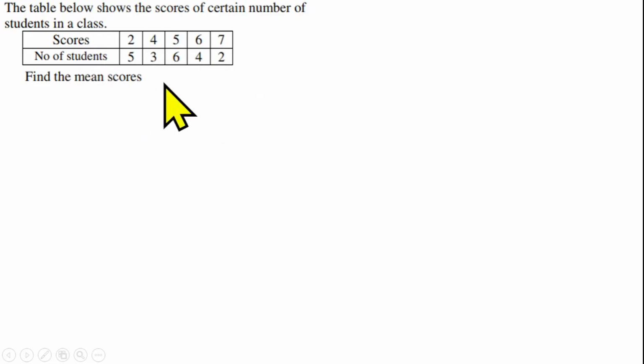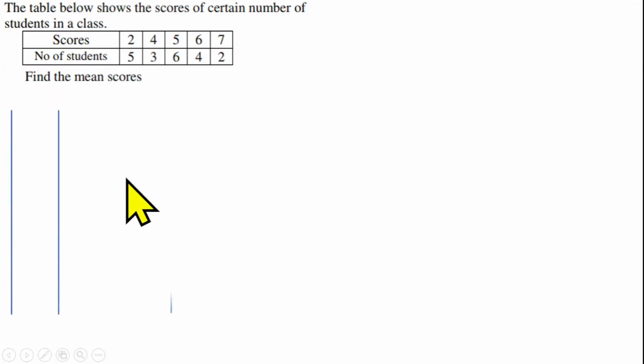Now if you have to find the mean of this data, and this data is grouped data, not scattered data like the ones we have been talking about so far, how do you find the mean? You can rearrange your table vertically. The score will stand for your x, and the number of students will stand for your frequency.